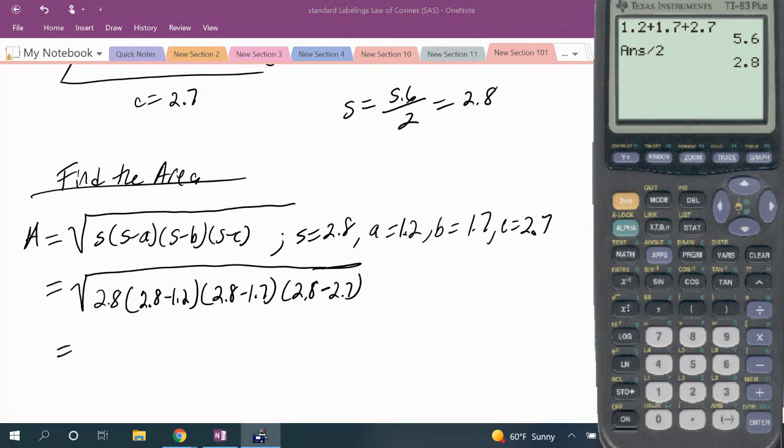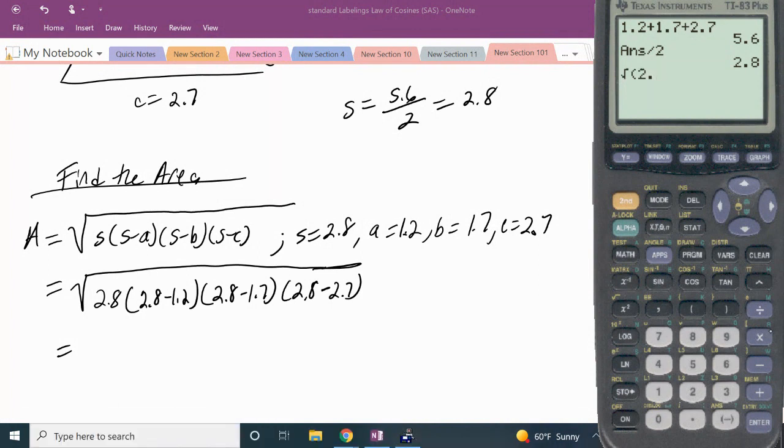And I'm going to put this in the calculator. So I have to be careful on putting this in the calculator. Right. I want to put in my square root, and I want to put in another begin set of parentheses.